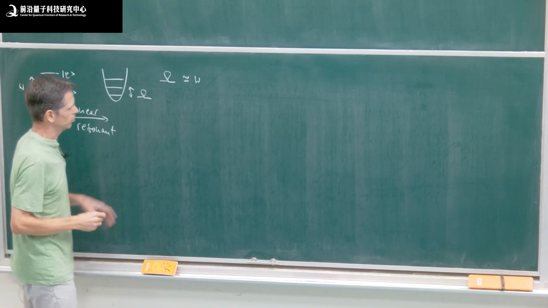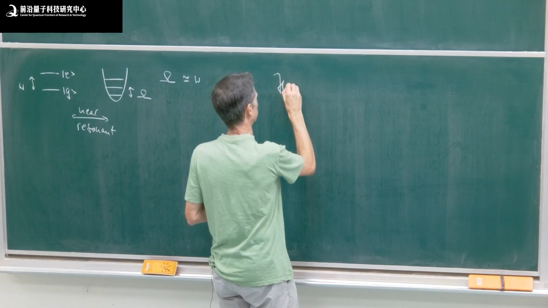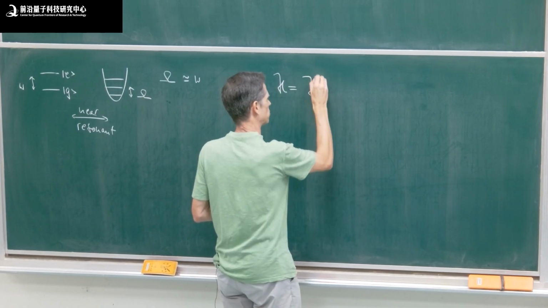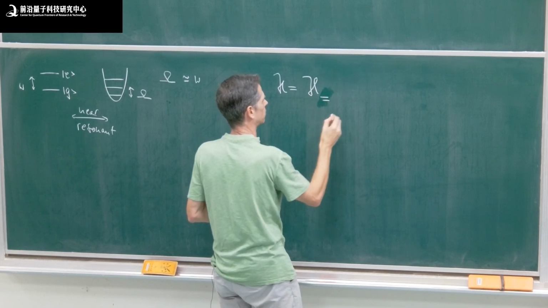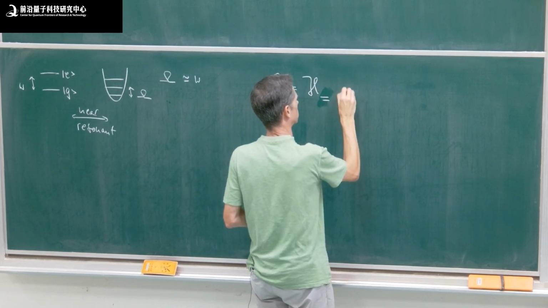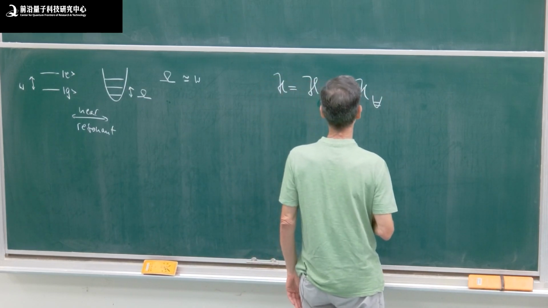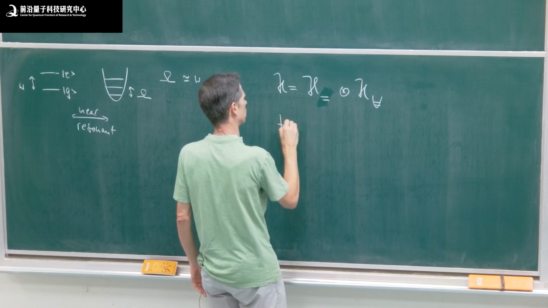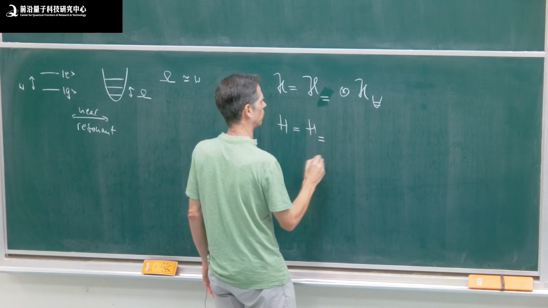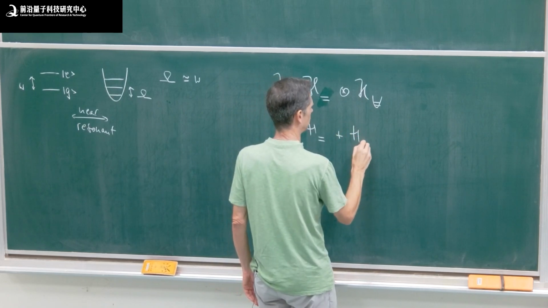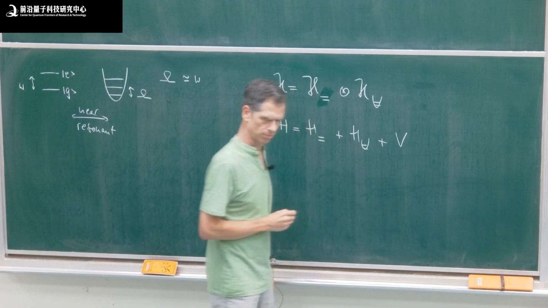Yeah, and before then, just in the dressed state picture, we have the Hilbert space which is spanned by the Hilbert space of the two-level atom tensor the Hilbert space of the harmonic oscillator. And then the Hamiltonian was the free atomic Hamiltonian plus the free harmonic oscillator Hamiltonian plus the interaction part, right?